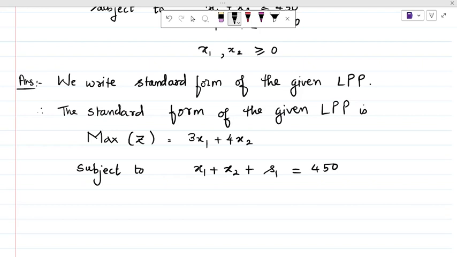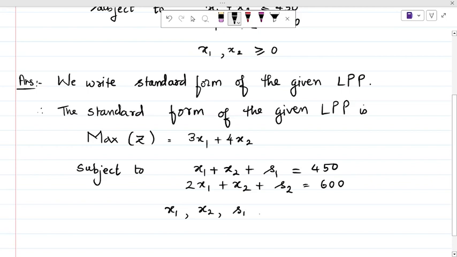Then there will be 2x1 plus x2 plus s2 equal to 600, and the non-negativity conditions would be x1, x2, s1, s2 all greater than or equal to 0. So these are the conditions that we have.